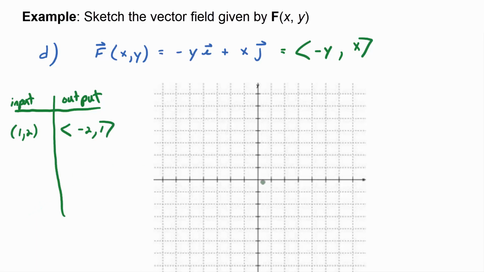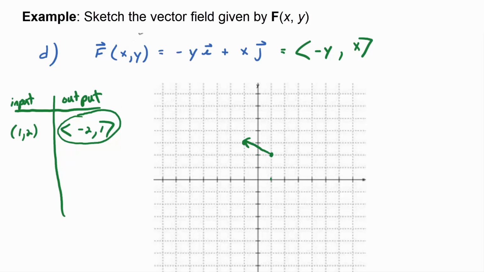So if my input point is over 1 up 2, then my output, I treat that input point like my 0, 0, like my origin. And then from that origin, from that tail, I draw my vector. So I go left 2, and up 1, and get that.